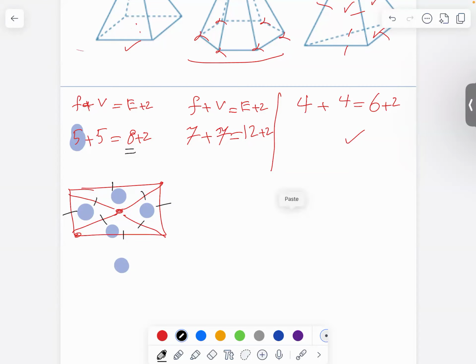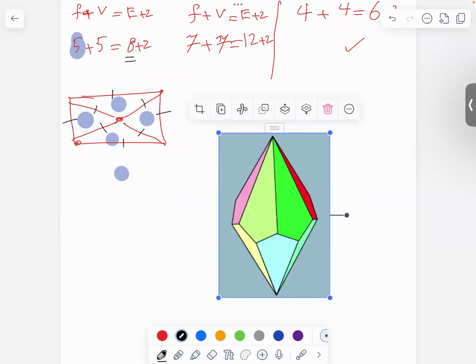What about this one? This is called a hexagonal pyramid.